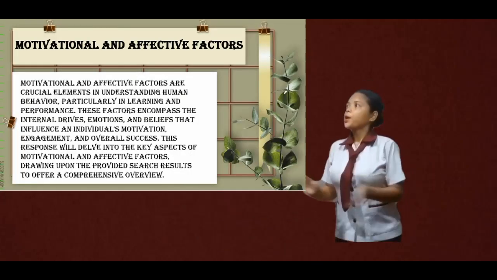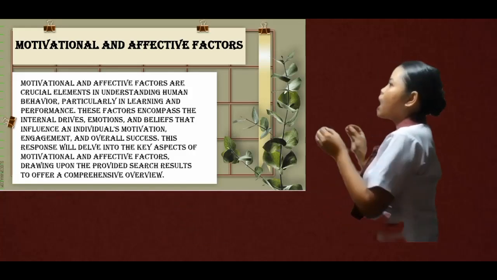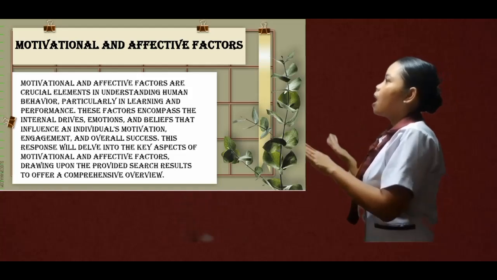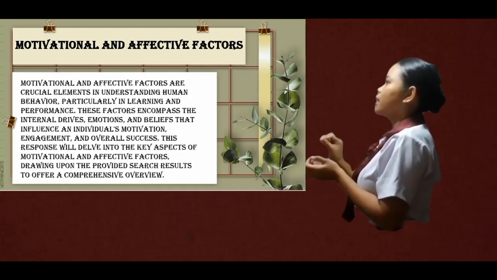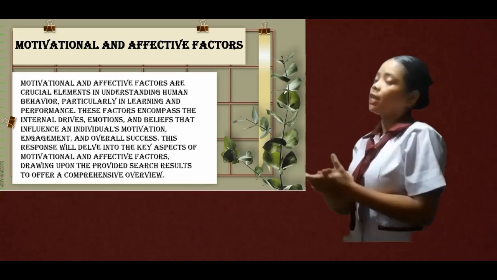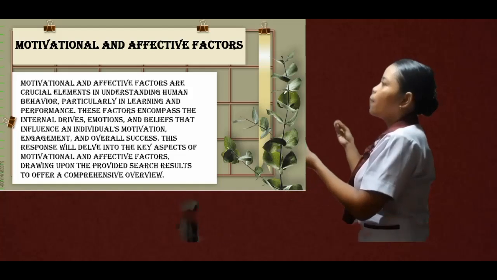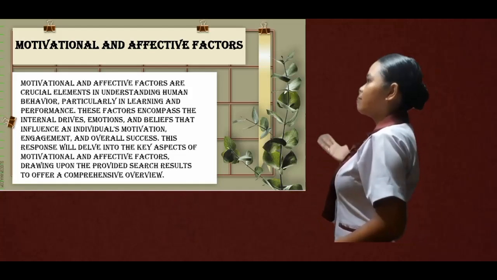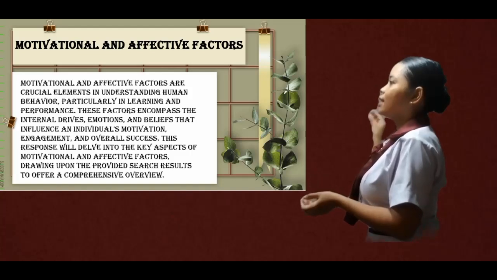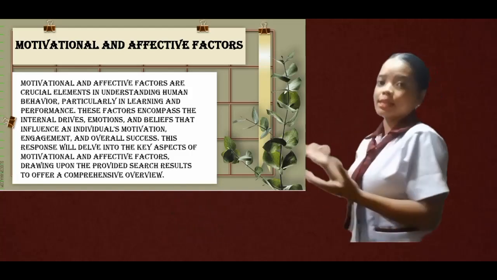First, we have motivational and affective factors. Motivational and affective factors are crucial elements in understanding human behavior, particularly in learning and performance. These factors encompass the internal drives, emotions, and beliefs that influence an individual's motivation, engagement, and overall success.